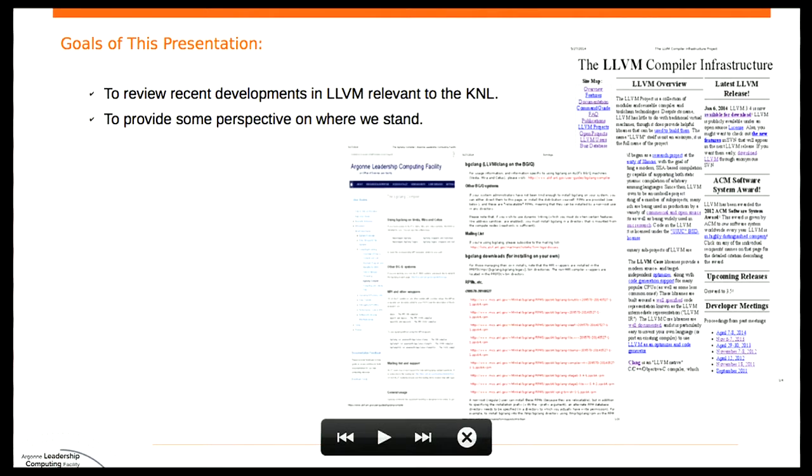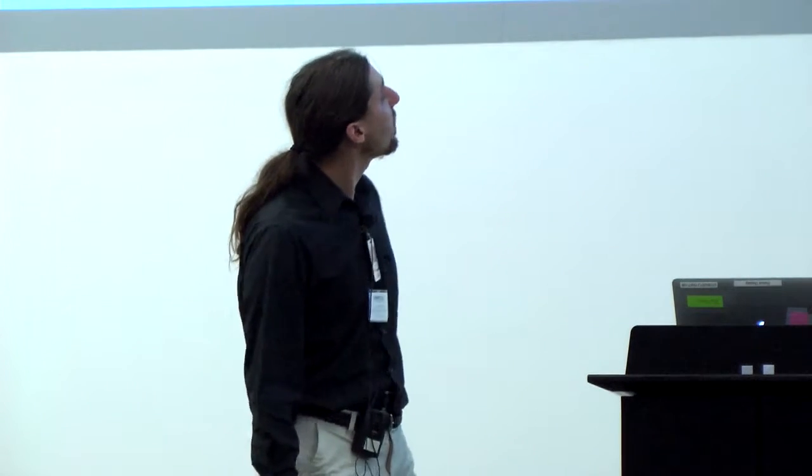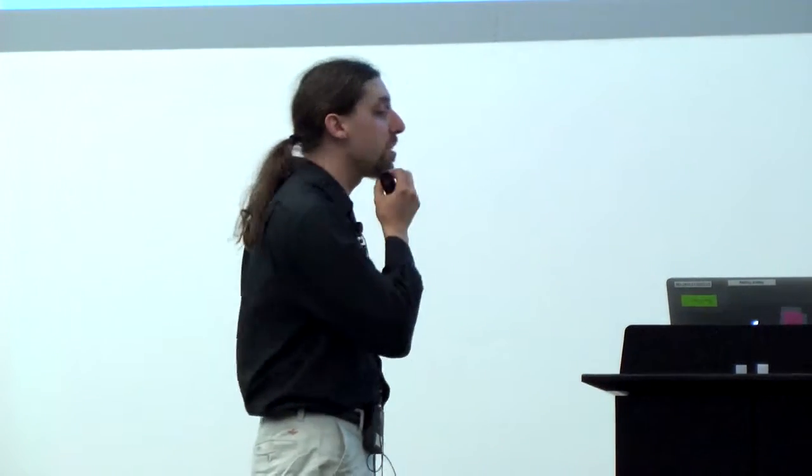Just to provide some very basic background, LLVM is a compiler infrastructure project. It is a project which is designed to make it easy to create compilers, to create programming languages, to create just-in-time compilation systems, or debuggers, or linkers, or any number of other things. It's most well known at this point as the building block for Clang, which is the C and C++ compiler that is shipped as part of Xcode on everyone's Macs.